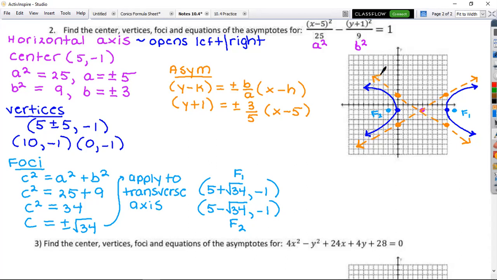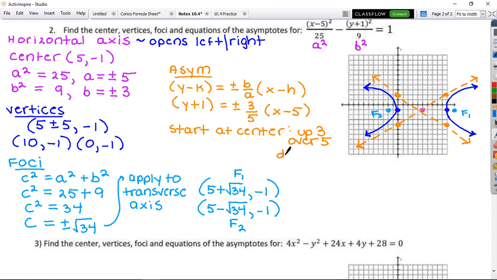I'll put a little note down for your asymptote just in case you want it. So what you do is you start at your center and you use your slope. So start at center. You're going to go up 3 over 5. And then you're going to do the other one.